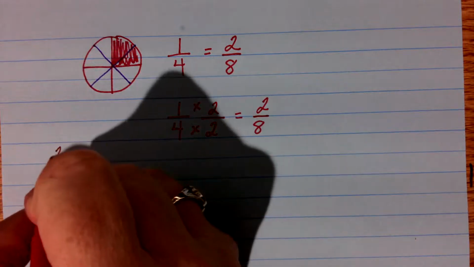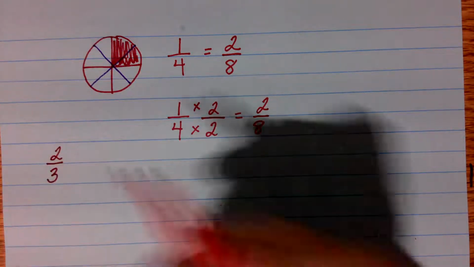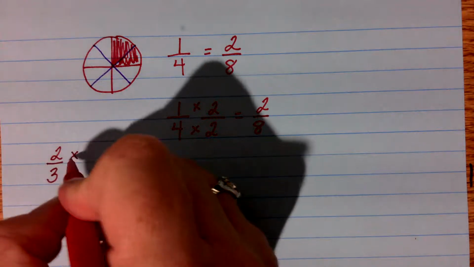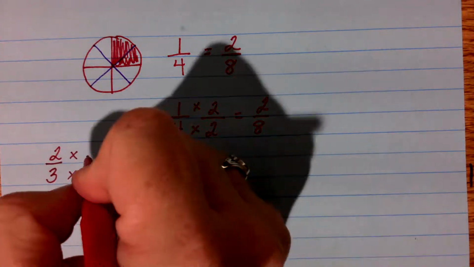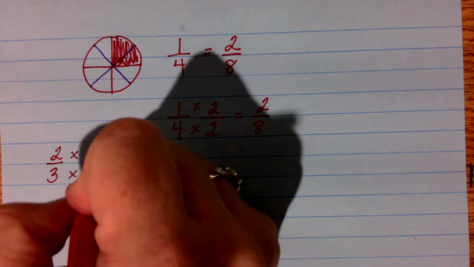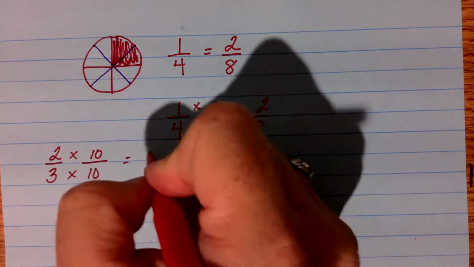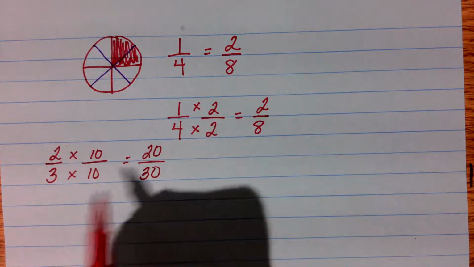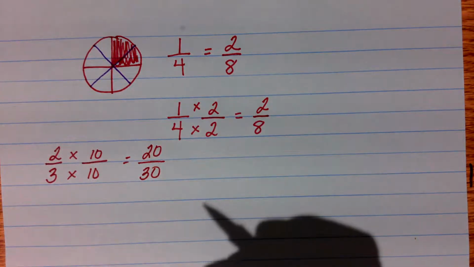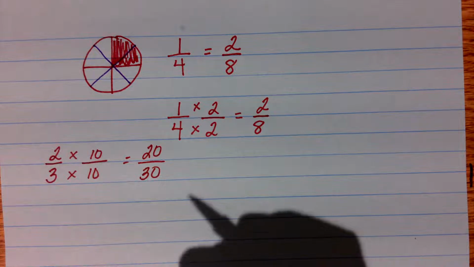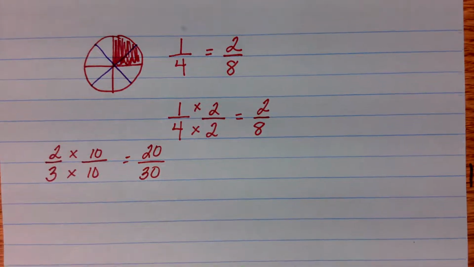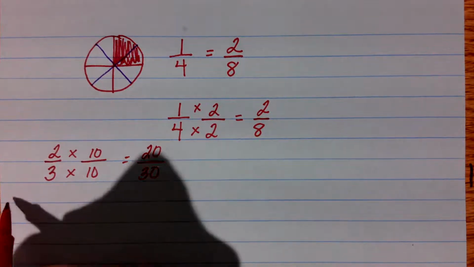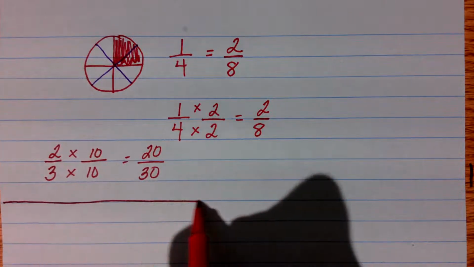So if I have 2/3 and I want to know what happens if I multiply by 10/10, I would end up with 20/30, and 20/30 is equivalent to 2/3. Your possibilities are endless when you use multiplication to find an equivalent fraction.